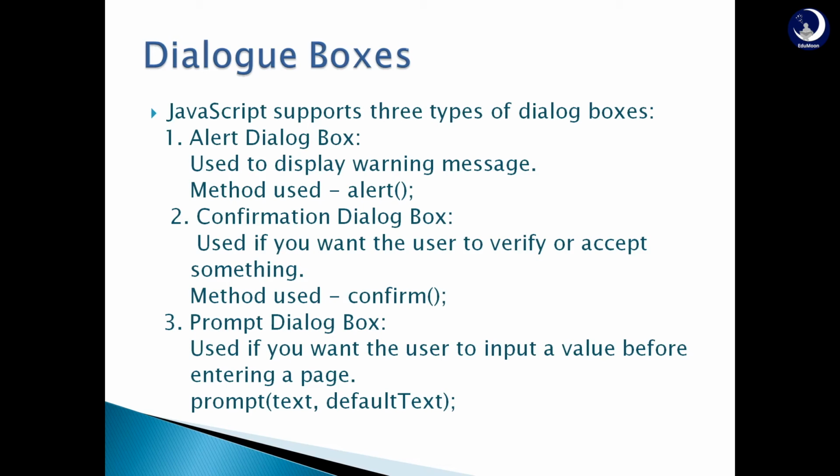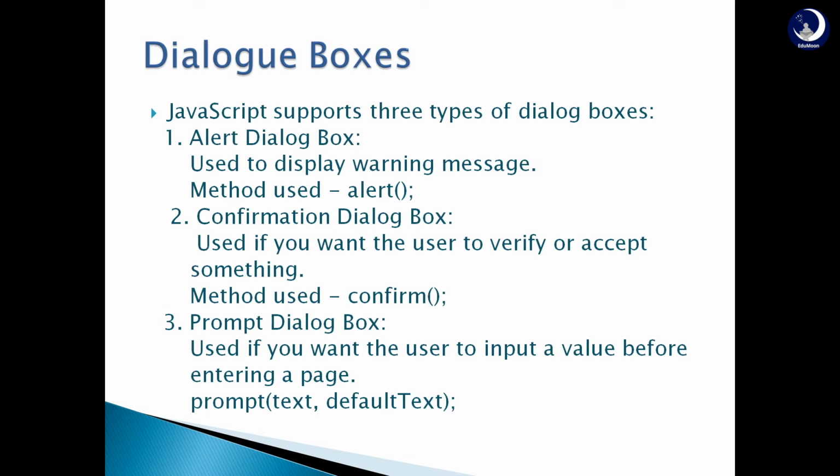Prompt dialog box. This is used when you want the user to input a value before entering a page. For example, you wanted to welcome the user before entering the main web page, and you wanted to know the name of the user. You would ask it by using a prompt dialog box, which has a text box.